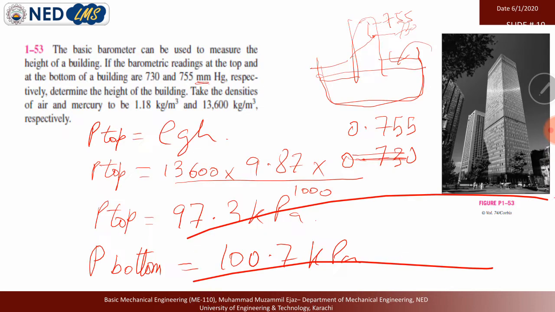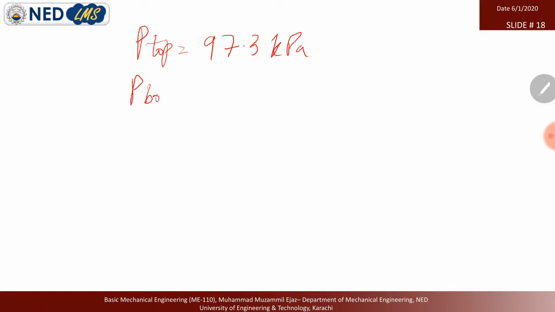Next, come to the next slide. Now we have two readings. P top is 97.3 kilopascal, and P bottom is 100.7 kilopascal.